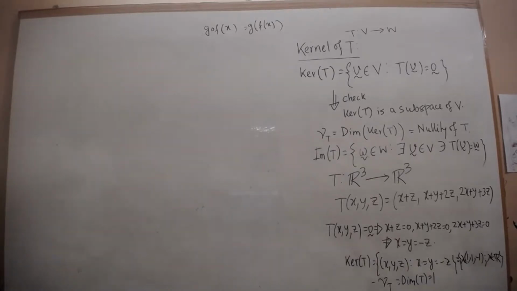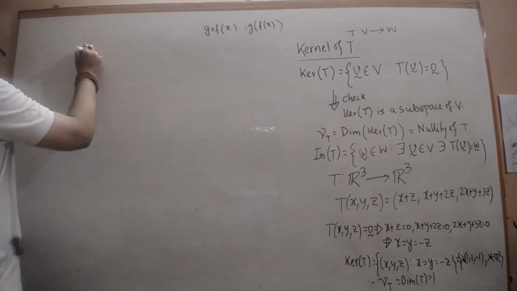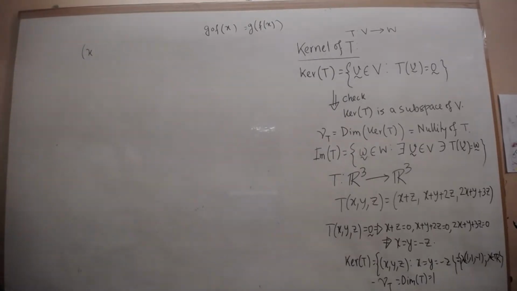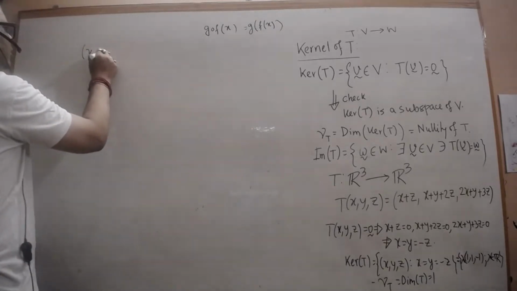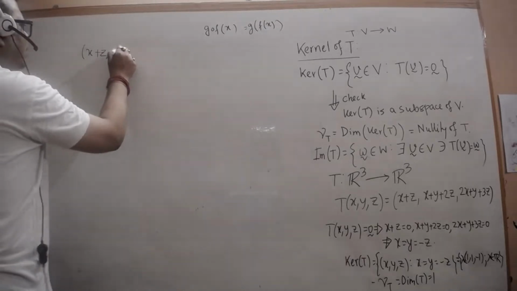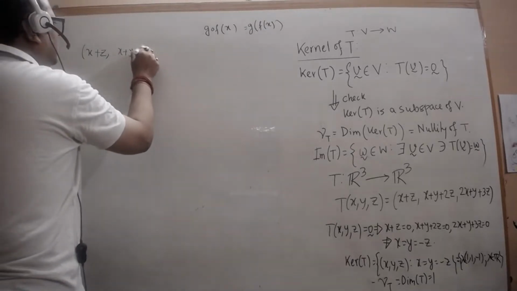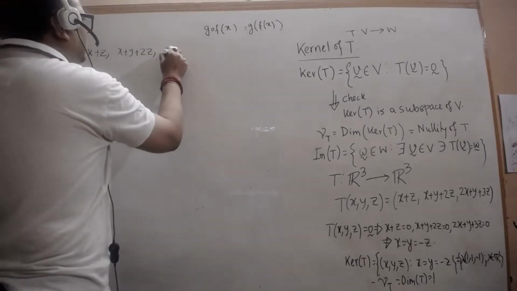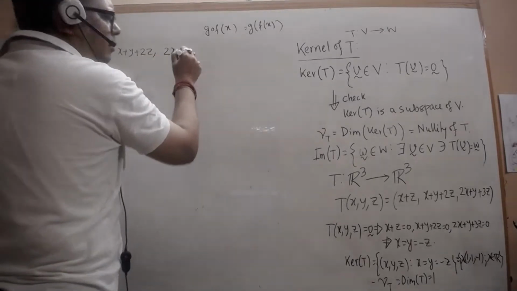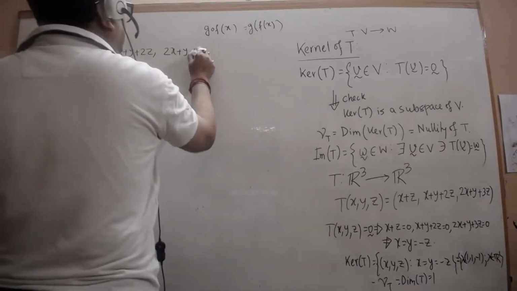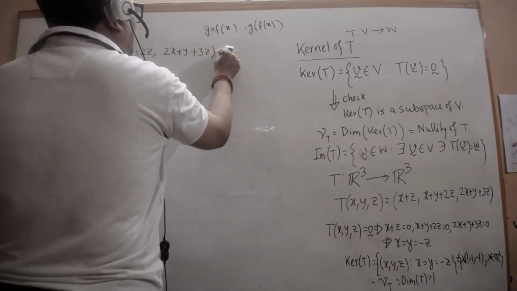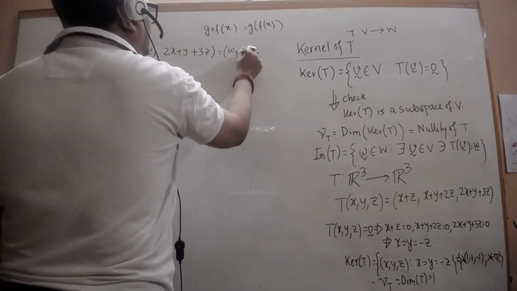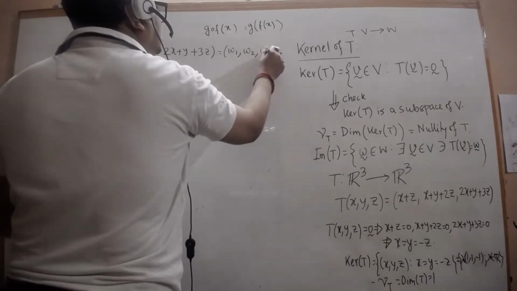Now x plus z, x plus y plus 2z, 2x plus y plus 3z equal to w1, w2, w3.